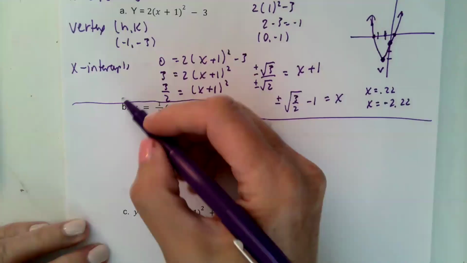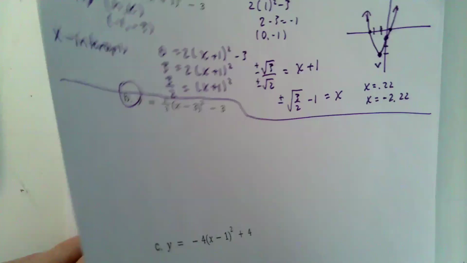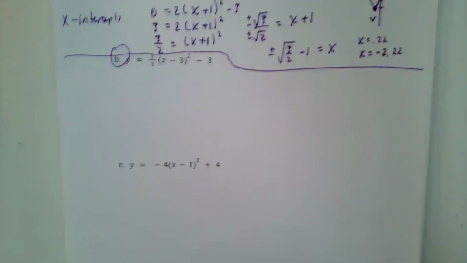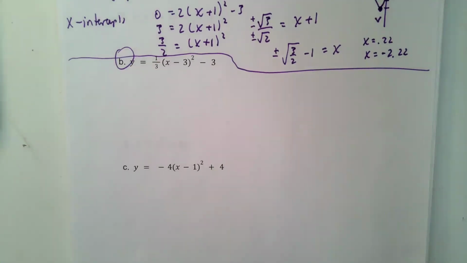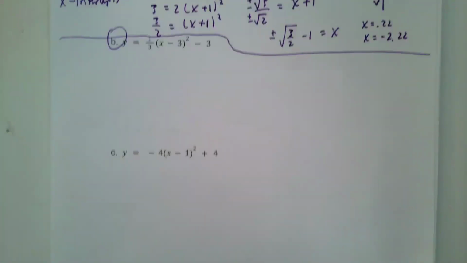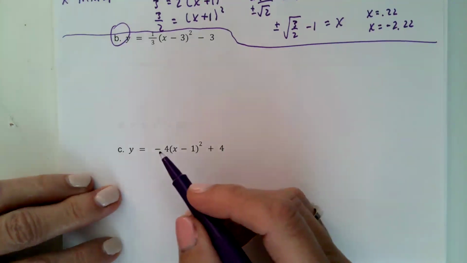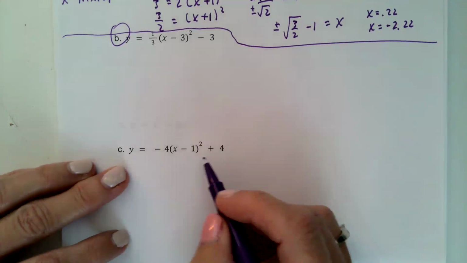Let's skip B and let's look at C. Make sure you get a chance to have a good representation here. So let's see here.